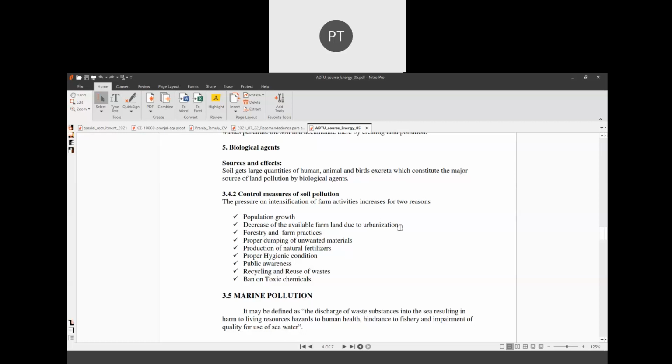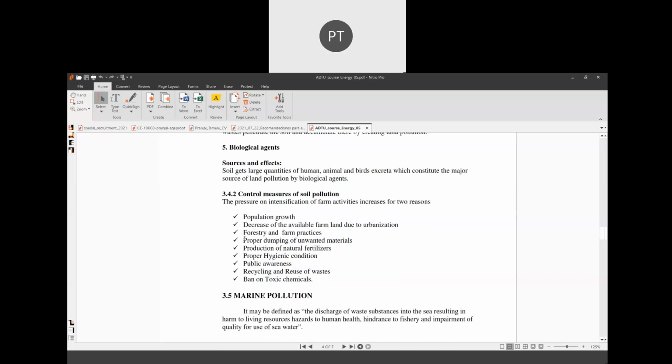We have to practice some type of farming where we don't use pesticide or fungicide in excessive amounts so that we can reduce soil pollution.